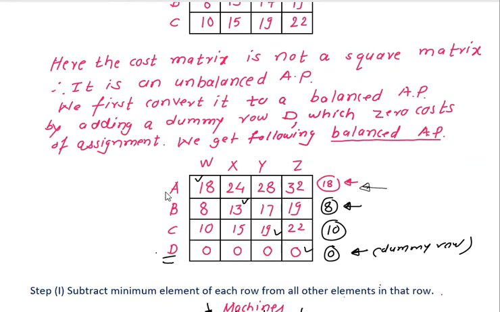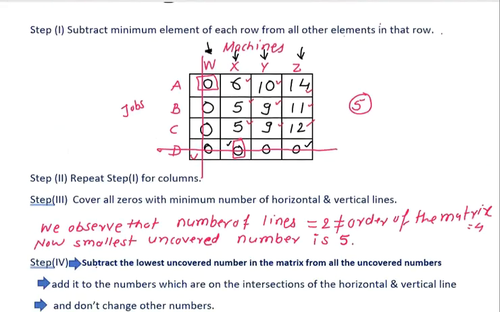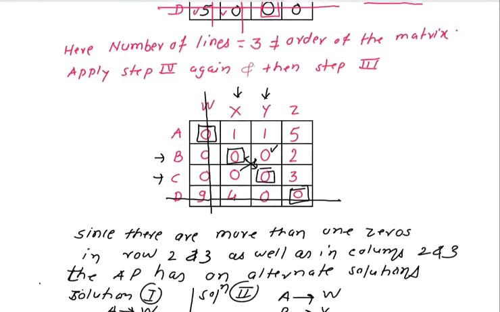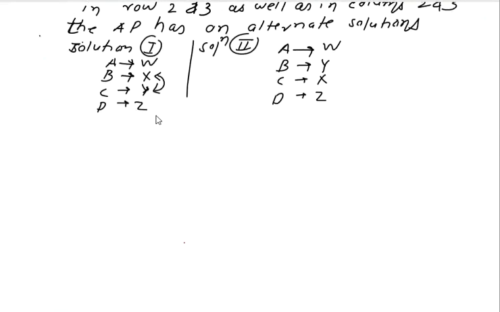So actually there are only 3 jobs and 3 jobs are performed on these 3 machines. So what is the cost of assignment? 18 plus 13 plus 19 plus 0.